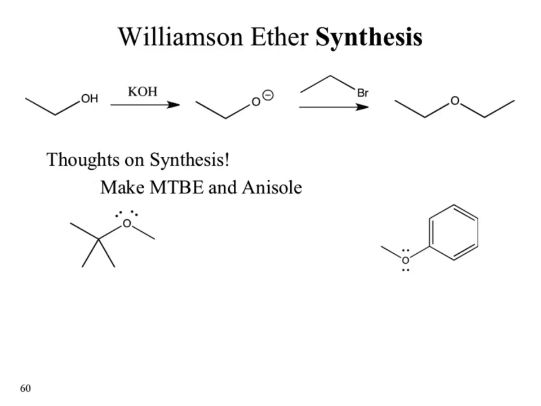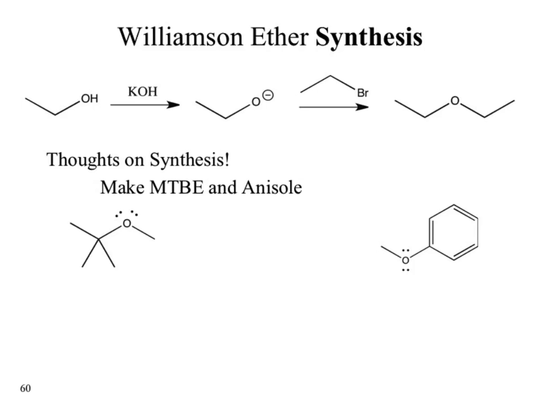So in our Williamson ether synthesis, we remove the hydrogen from our alcohol and make an extremely strong nucleophile. That nucleophile can attack an electrophile, and we get our ether. This would move us into the next topic, which is convenient for being the last class: synthesis. A lot of what happens in second semester is we say, here's a product.